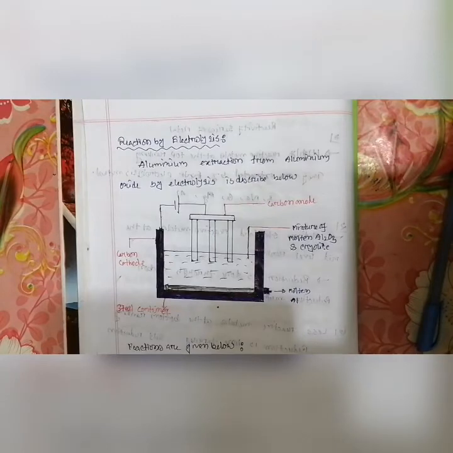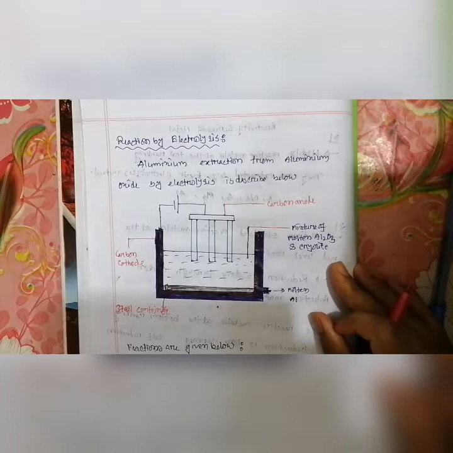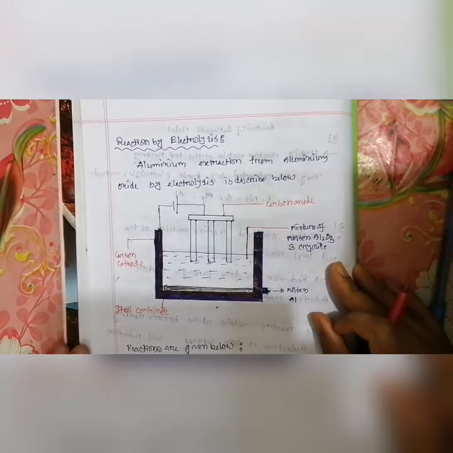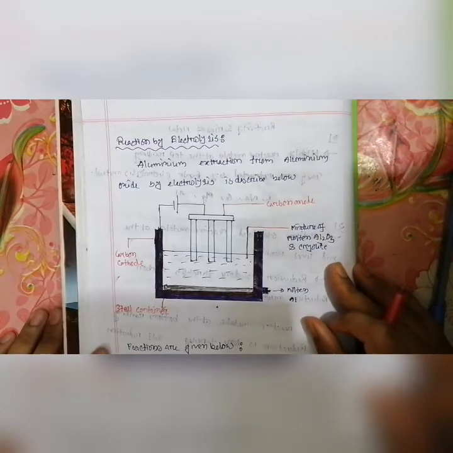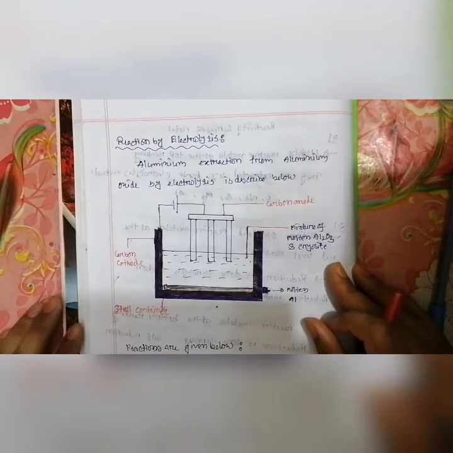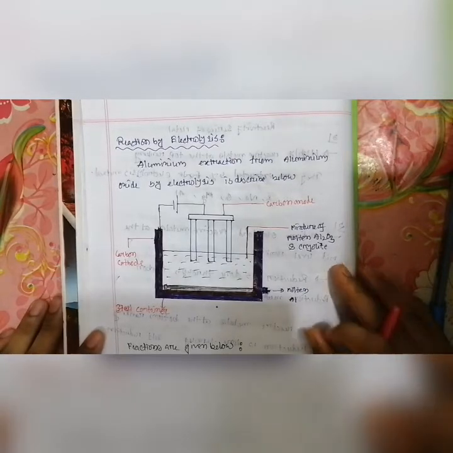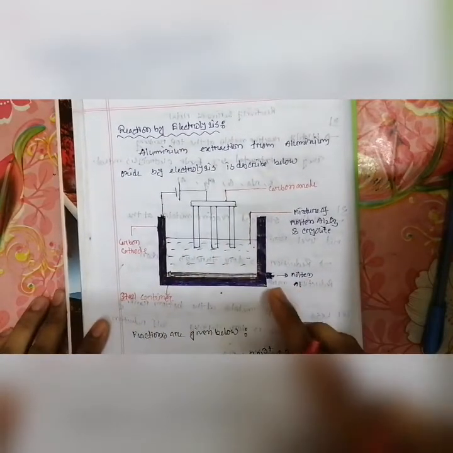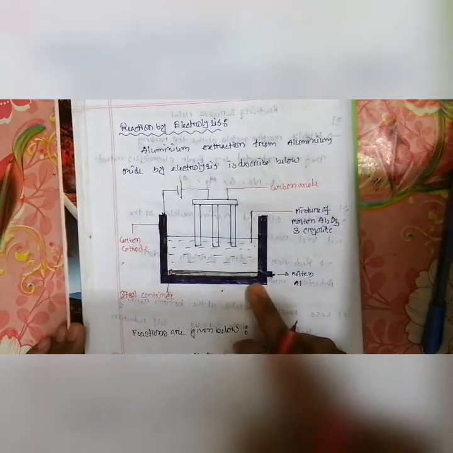Now we discuss the reaction of electrolysis. It's the process of getting higher reactive metals like aluminum, and this process is carried out by electrolysis. In the electrolysis process, a cell is designed like this.